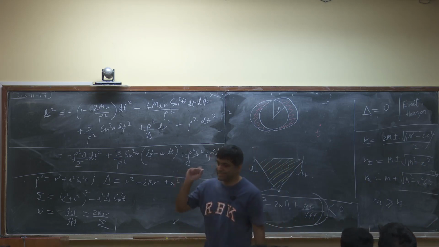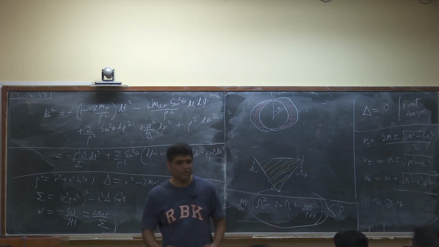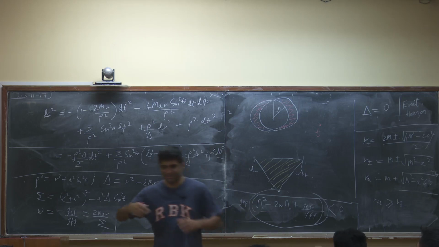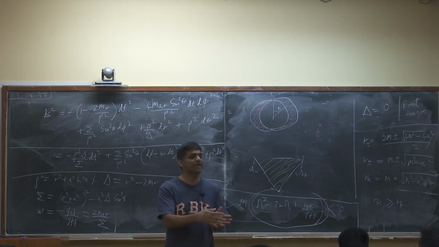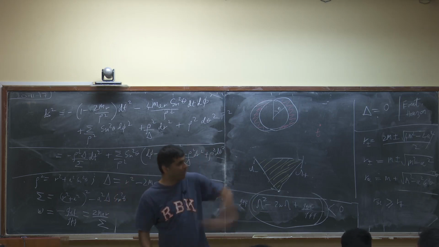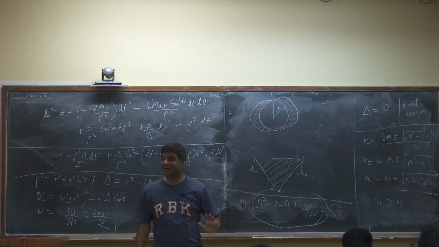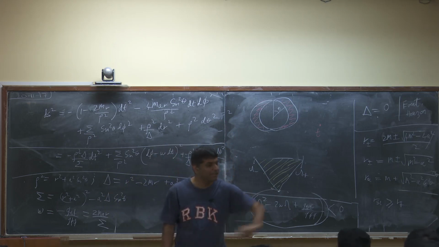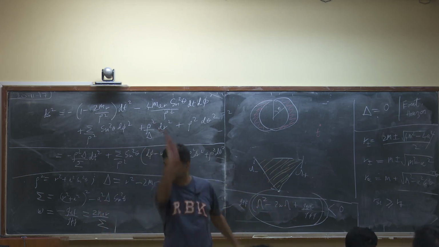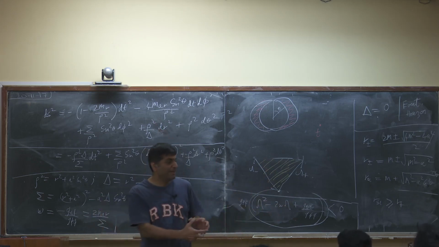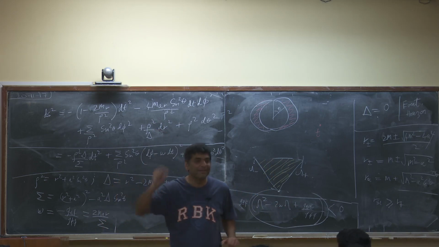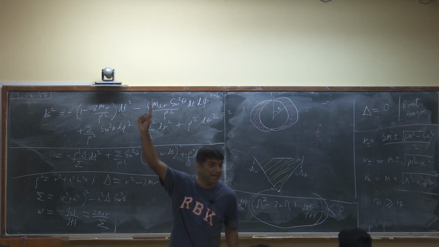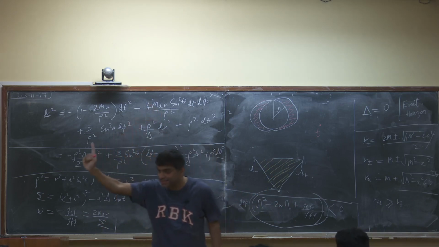Because you can throw stuff into the black hole. Let's say you've got some process where you go into this ergosphere region. You throw a negative d/dt energy particle into the black hole, and then you go back out. You will have managed to extract energy, because you've thrown negative energy, as seen from the Killing vector d/dt at infinity, into the black hole.